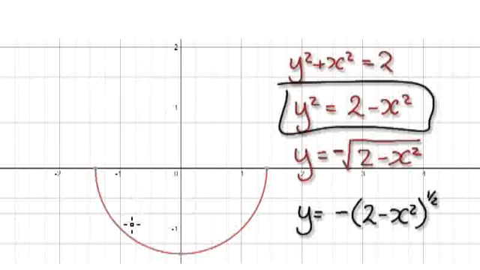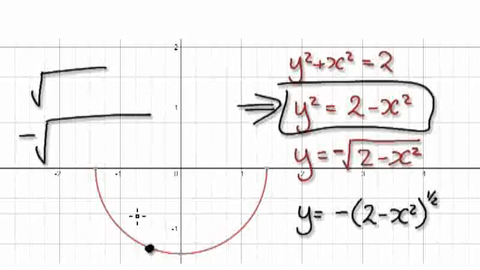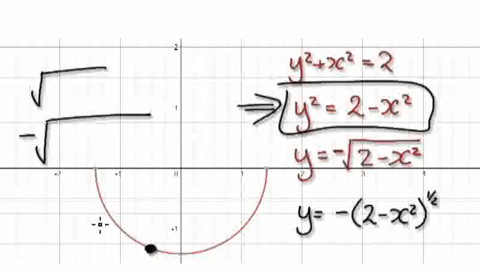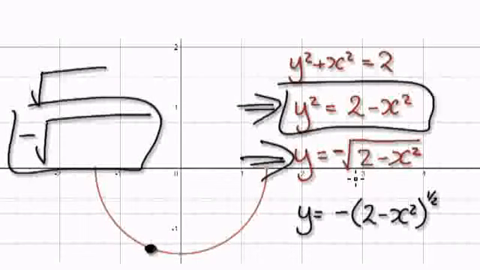Because we want to differentiate at, let's say, negative 0.5, we know we're going to need the negative version. When you square root this, you get the positive version and the negative version. Because the point at which we want to find the gradient is on the negative version, we're going to need the negative version.